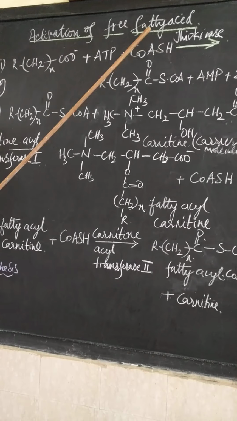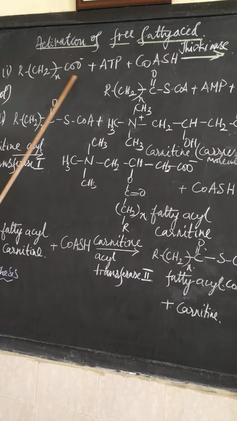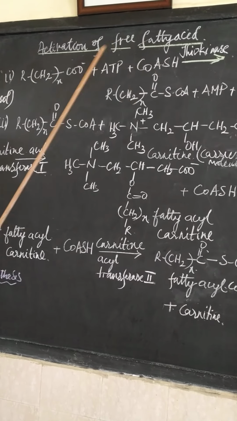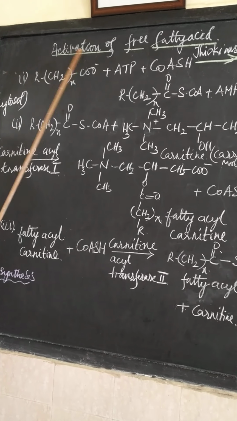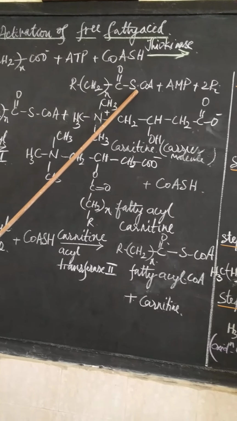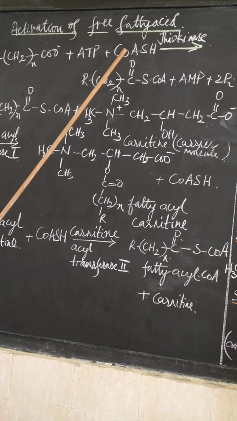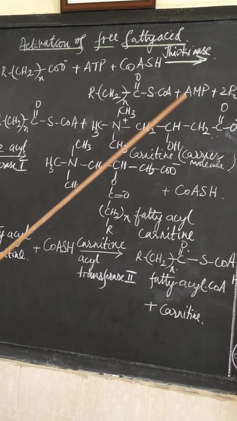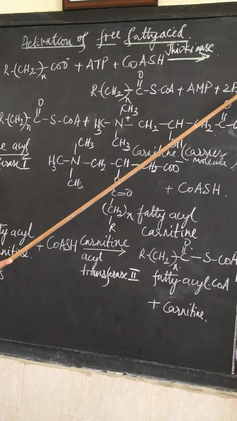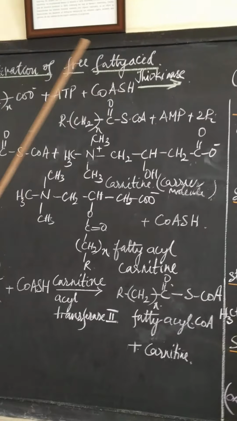This thiol is acted upon by thiokinase, and the carboxylic group interacts with this and we get fatty acyl CoA. In order to form this high energy ester bond, two high energy phosphate bonds are broken down, giving rise to AMP and 2 Pi.